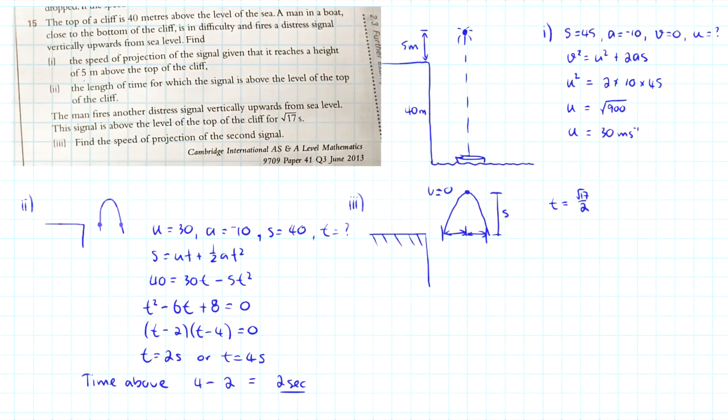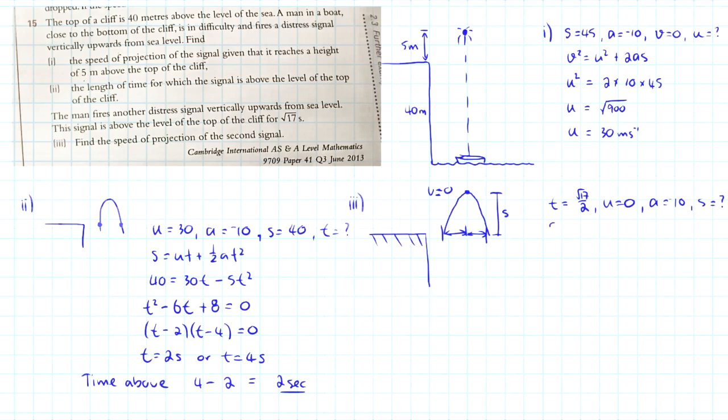So why do we do half? Well, because then we can start with an initial velocity of 0. We can say it's at instantaneous rest. And we also know the acceleration is -10, and we want to find the displacement, of course. So we know 3 things, and we'll be able to work out the displacement. What relates all of these together?